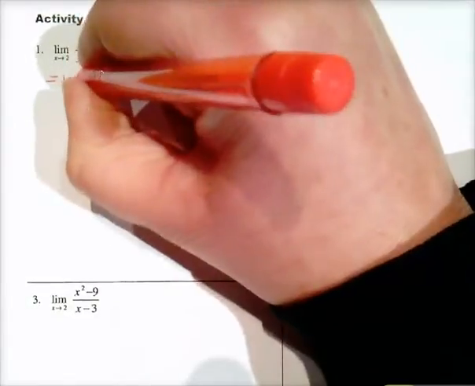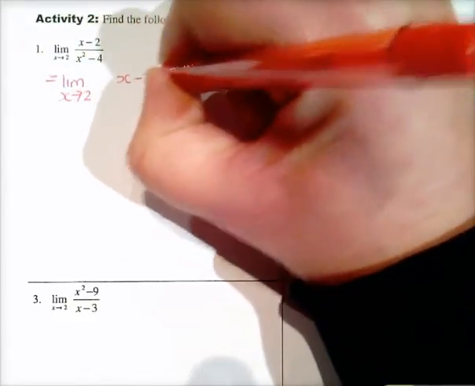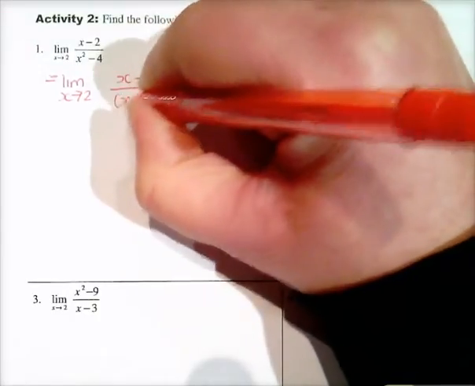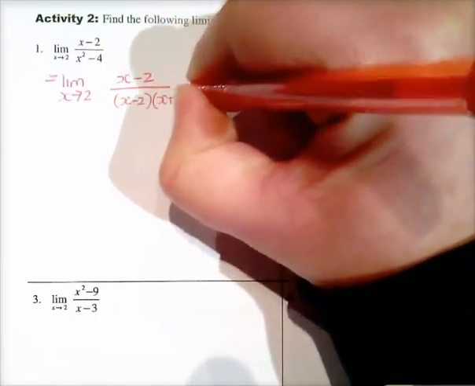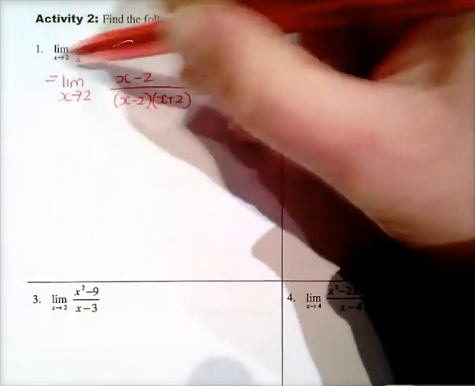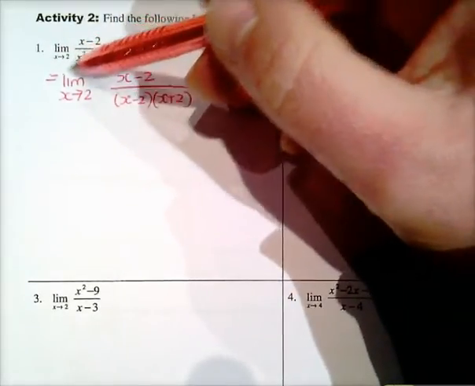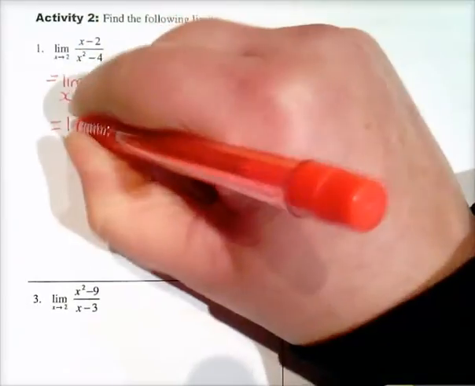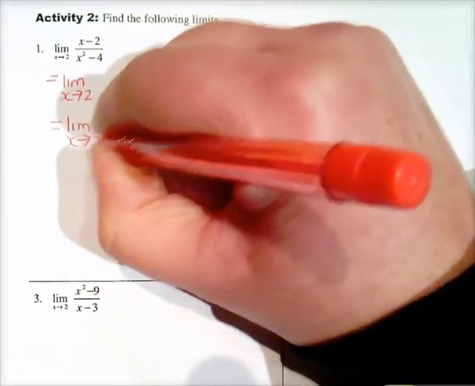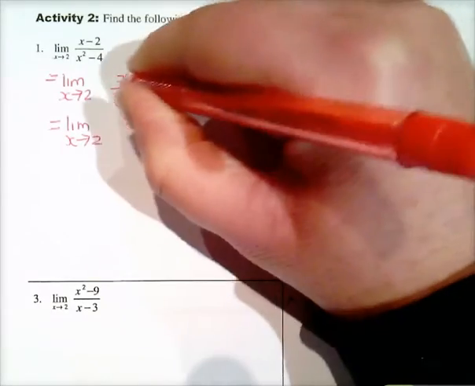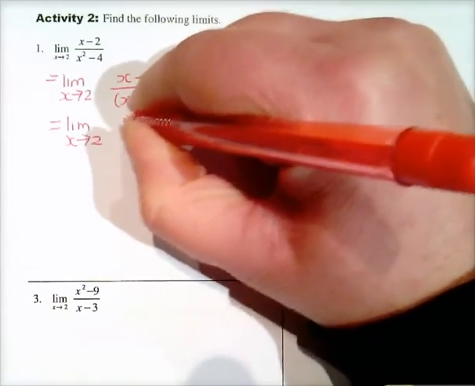Notice I keep writing limit as x approaches 2 in every step until I do the substitution. Look, if I put x equals 2 in here straight up, I would get 4 minus 4 is 0, so that won't work, so we need to factorize. So keep writing limit as x approaches 2 until we actually do the substitution.